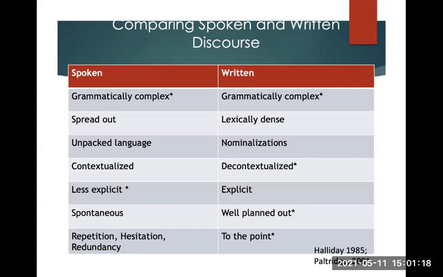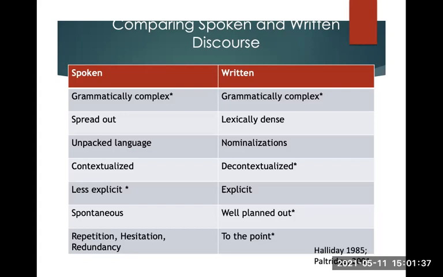When you write, you can't write like that, right, with an assumed understanding of the context. It's decontextualized. So typically spoken language is less explicit and written language is more explicit. It has to be to make meaning.